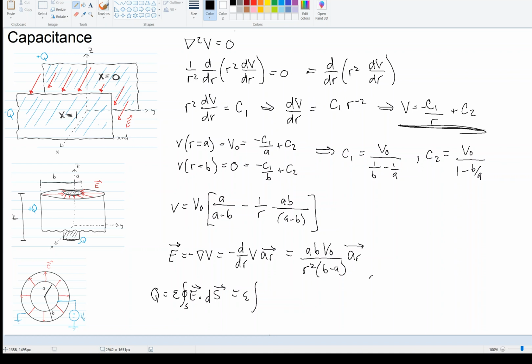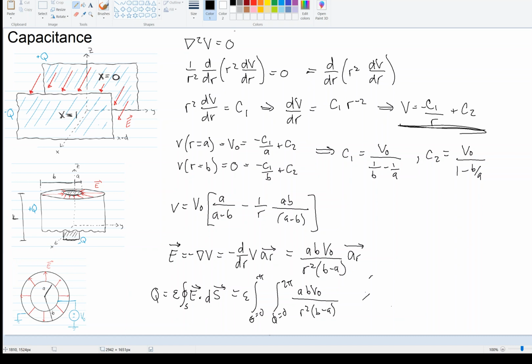Phi goes from 0 to 2 pi because it's an entire sphere. And theta changes from 0 to pi. So over the surface, we've got theta going from 0 to pi, phi going from 0 to 2 pi. Right, we're integrating over this entire contraption. AB V0 over R squared B minus A.